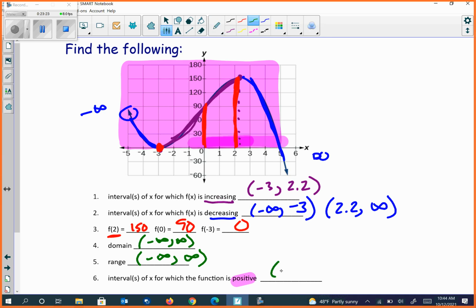So from negative infinity to -3, round bracket, and then from -3 to that point right there, 5, it's positive. At -3, it's at 0. At 5, it's also at 0. 0 is not positive or negative, so that's how we do that question there. Okay?